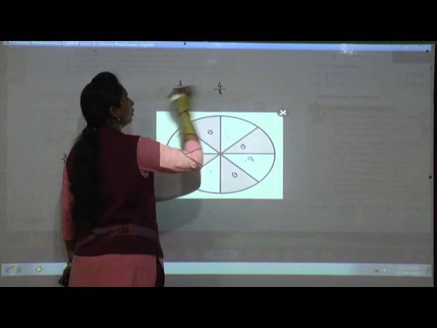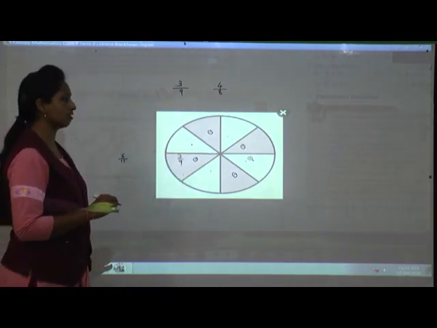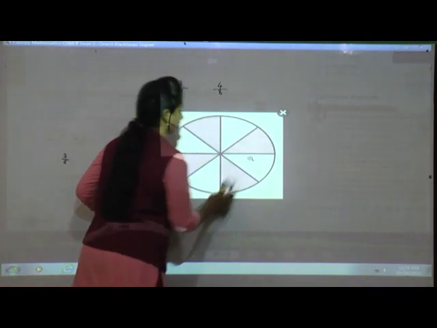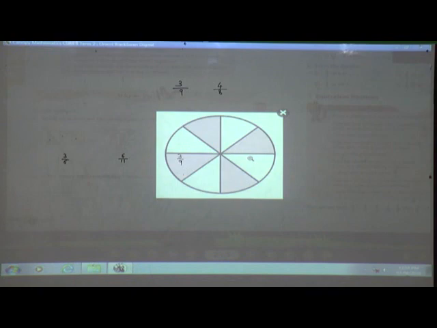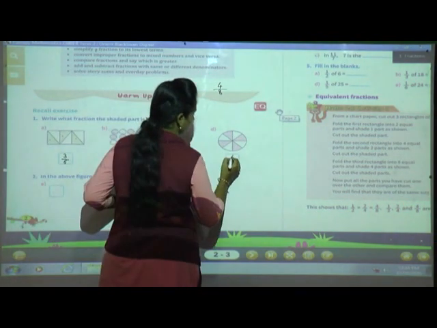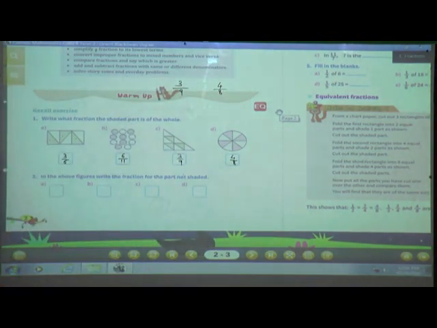So write on top 4 parts are shaded. Clear? Yes. Now we will write 4 by 8. Understood till here? Yes. Now we'll move to the second question.